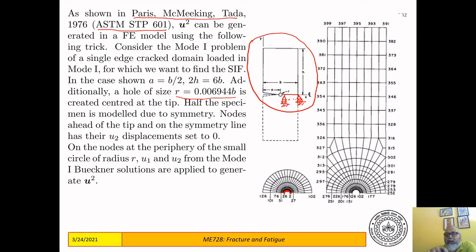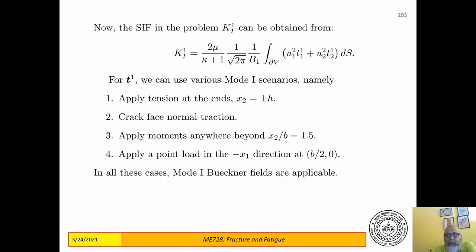So by applying this, you have generated u2 as the Buchner solutions forcibly in this sample. Now, once you have done that, then you can load this sample in any way you like, as long as mode 1 is satisfied. So now you can calculate the stress intensity factor computationally.